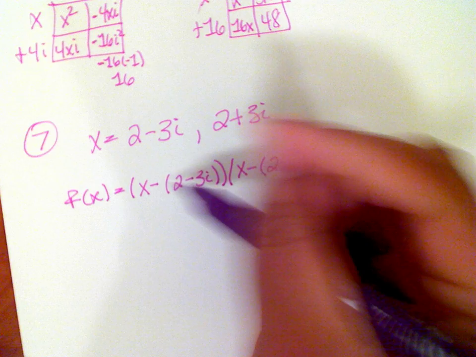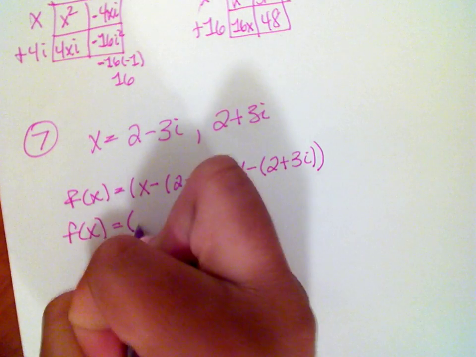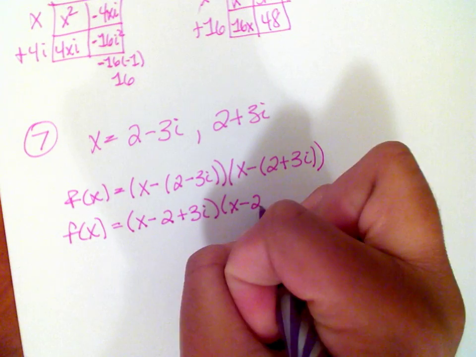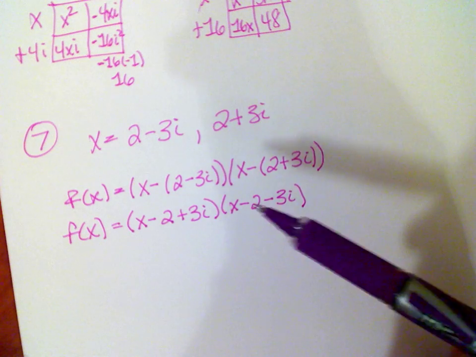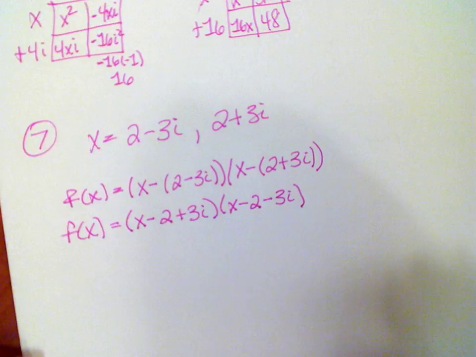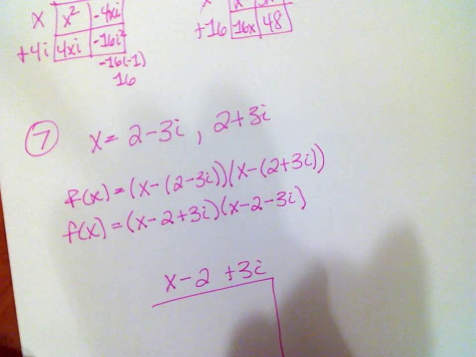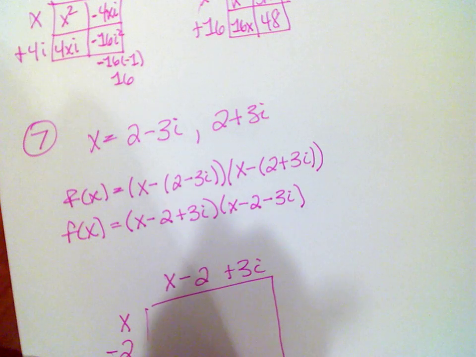Then we distribute the negative, so we get x minus 2 plus 3i and x minus 2 minus 3i. Since it is 3 terms times 3 terms, I'm going to use the box again.